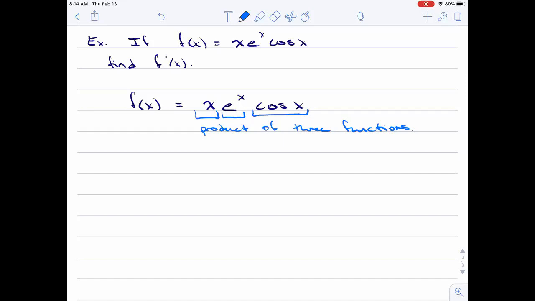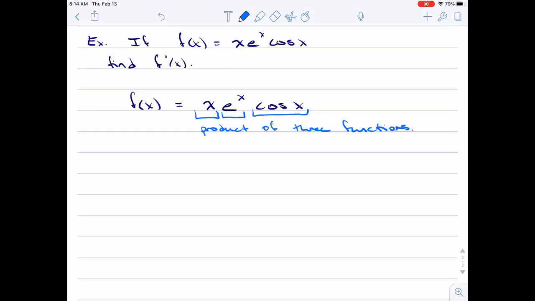What we want to do though, because the product rule is for 2 functions, but cos x is its own thing, is pick off cos x and deal with that first. And then I want to have x e to the x.